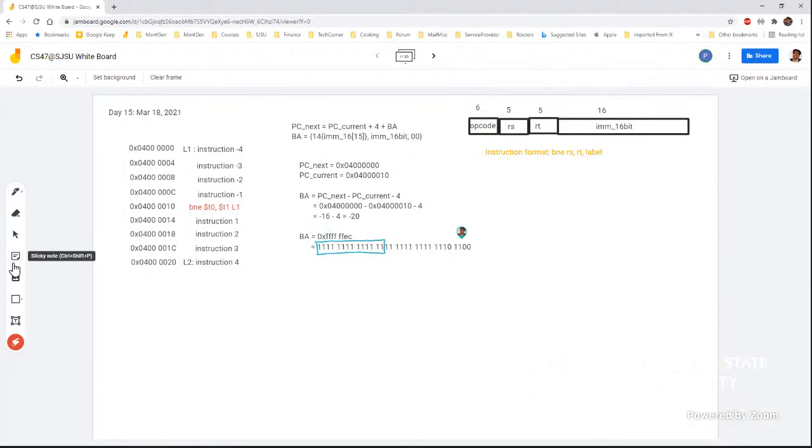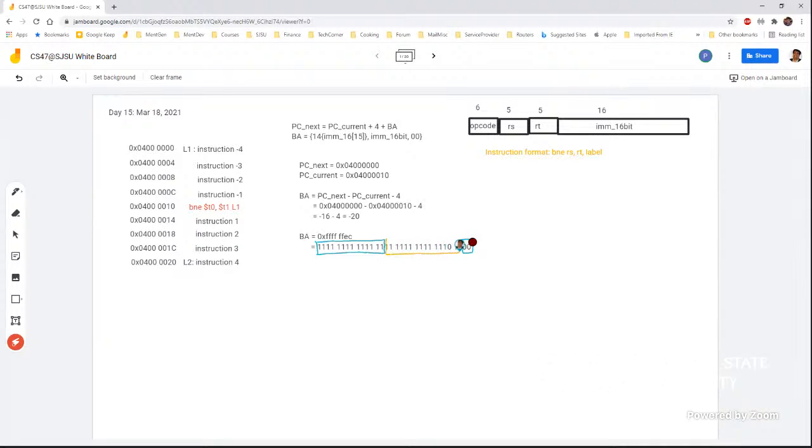When you are doing an address calculation, you will always find these last 2 bits to be 0, because your instruction addresses are always divisible by 4. Right? And that's why you will always find 0, 0 at the end. So your target 16-bit pattern is really this one.